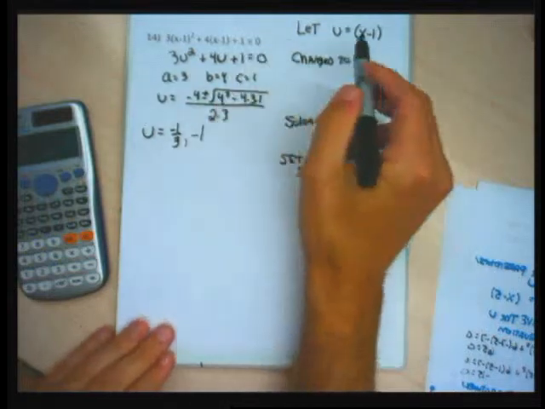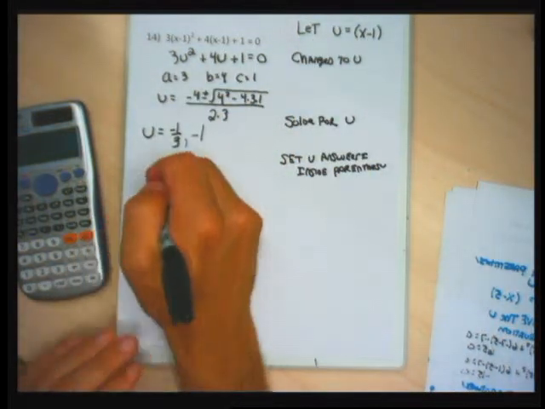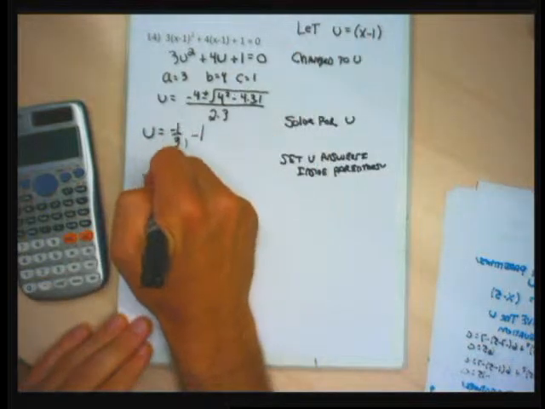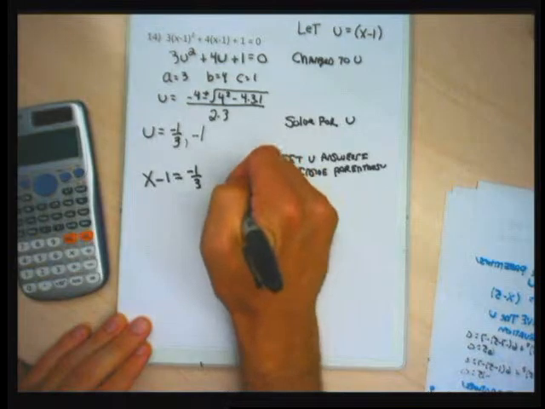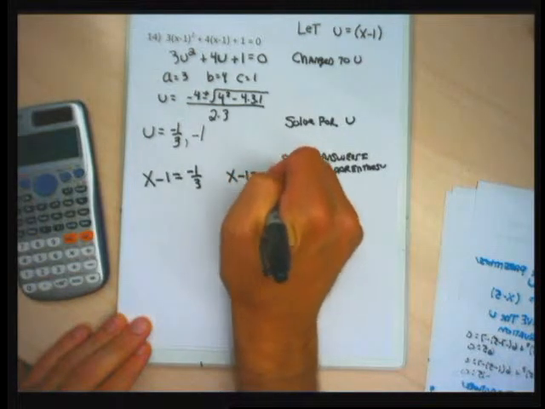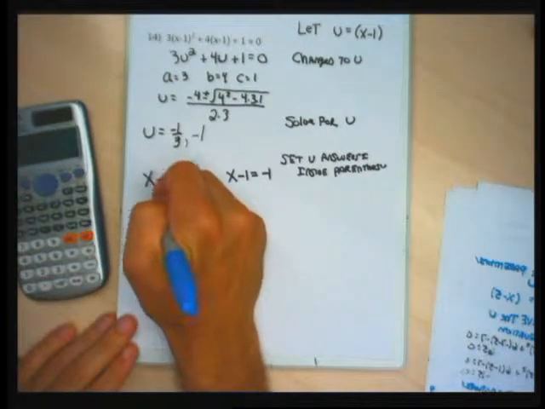So first step, change the parentheses to a u, solve for u, and now I'm going to set the u answers equal to the inside of the parentheses. The inside of the parentheses is x minus 1. And I'm going to solve these.